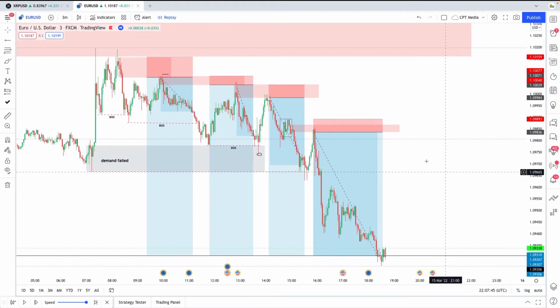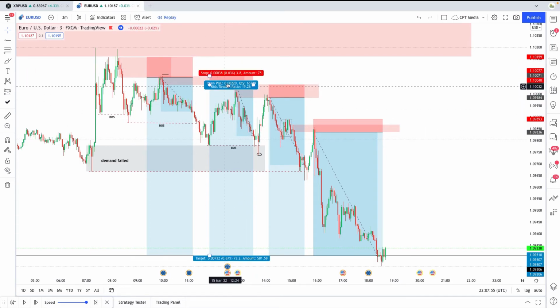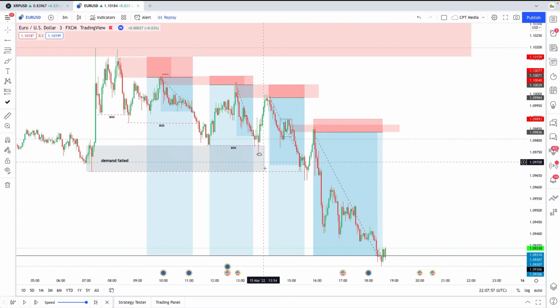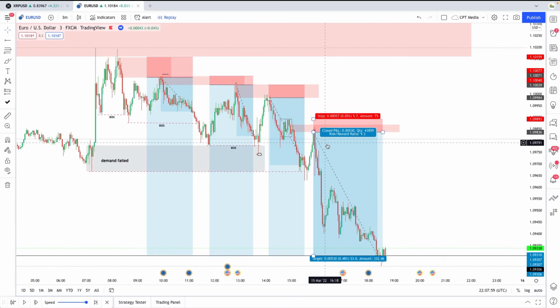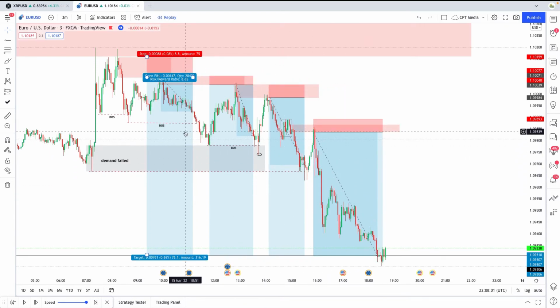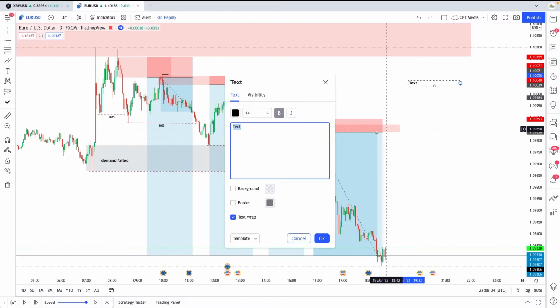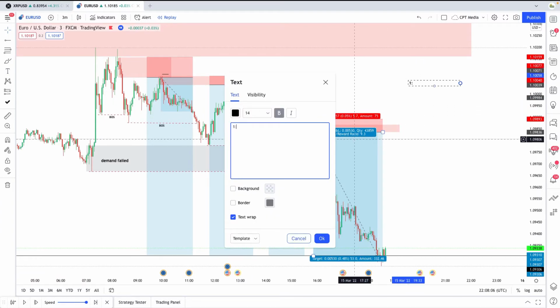But now if you see, just by effectively scaling in, by seeing clear-cut breakers of structure, which gives you intent that price is still ready to push on down with clear and consecutive order flow, showing you intent and demand failing, you have now turned a normal 1 to 8 into about 1 to 50 RR, right?